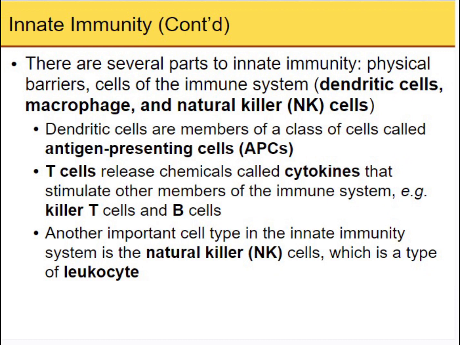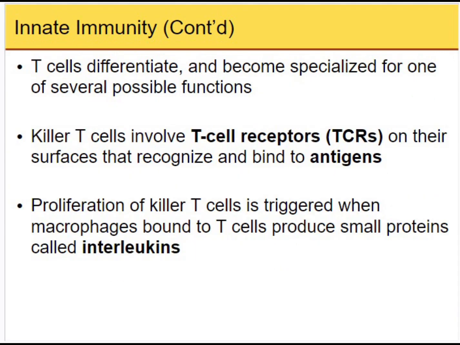T cells release chemicals called cytokines that stimulate other members of the immune system, e.g. killer T cells and B cells. Another important cell type is the natural killer NK cell, which is a type of leukocyte. These cells differentiate and become specialized for one of several possible functions.